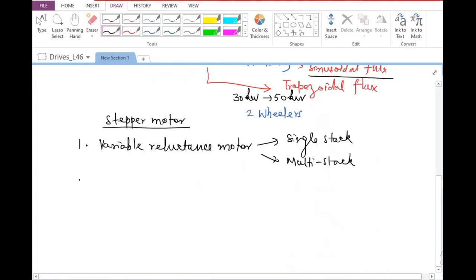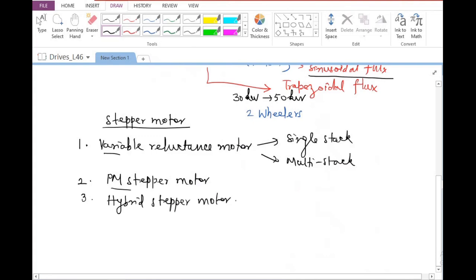The second type we will be looking at is the permanent magnet stepper motor. And the third one is a hybrid of these two, which will incorporate the features of both the variable reluctance stepper motor and the PM stepper motor. We call that the hybrid stepper motor. So we'll be looking at all these three types.